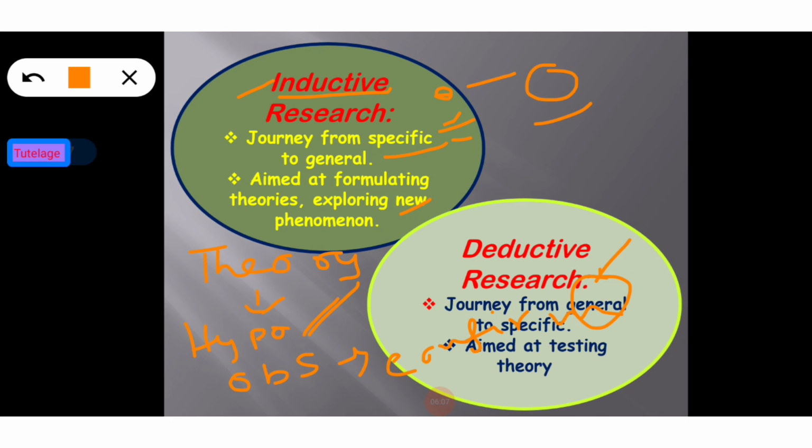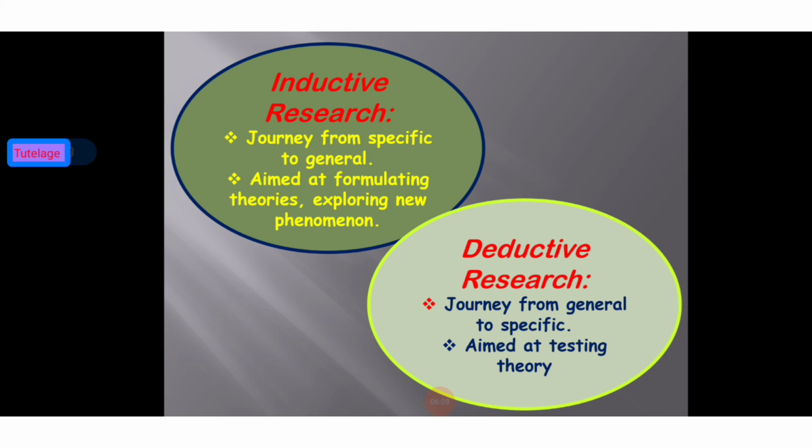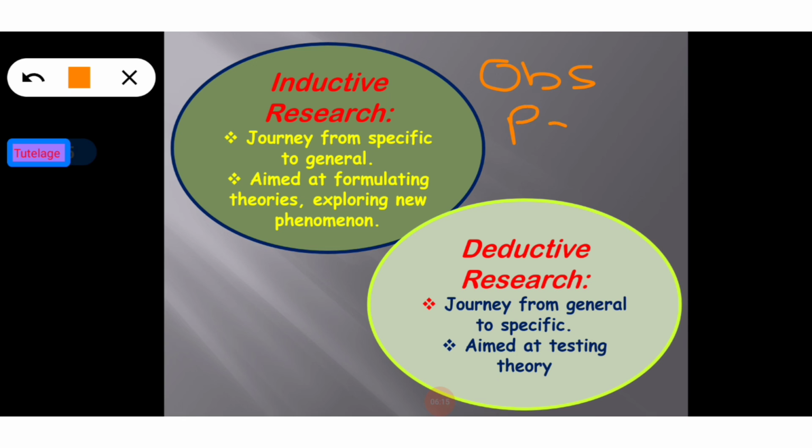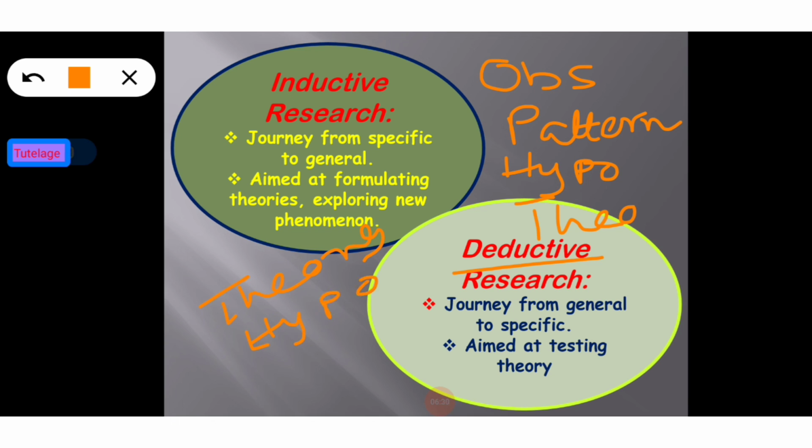Clear? So in the inductive research, the first stage is observation, second stage is pattern, third stage is hypothesis, and last one is theory. So in the deductive research, the first is theory, second is hypothesis, third one is observation, last one is confirmation.